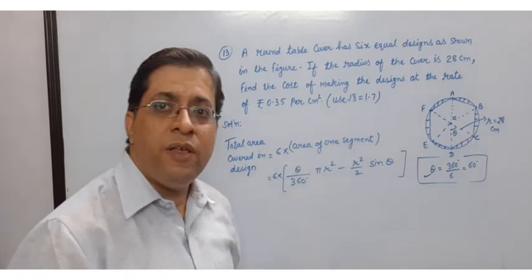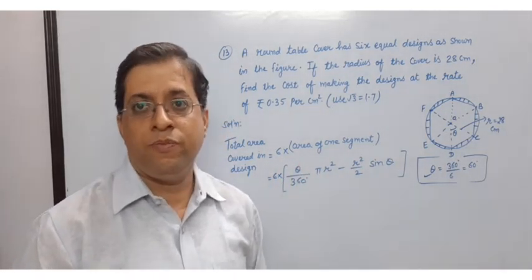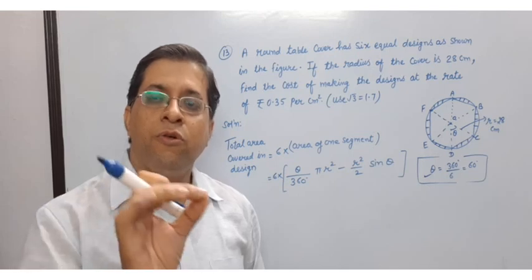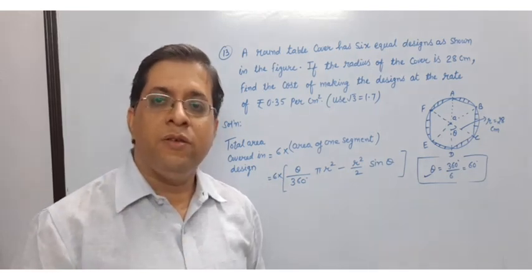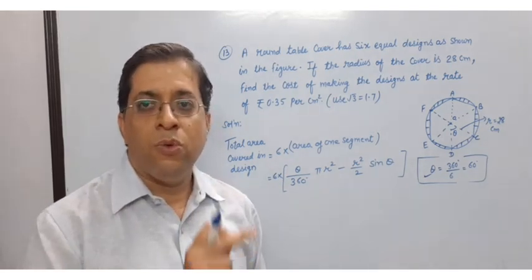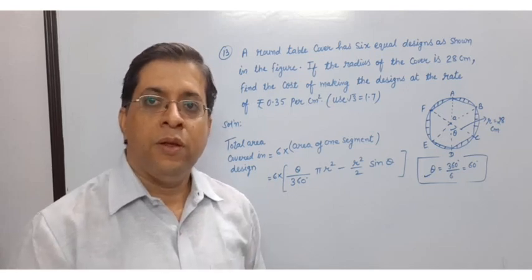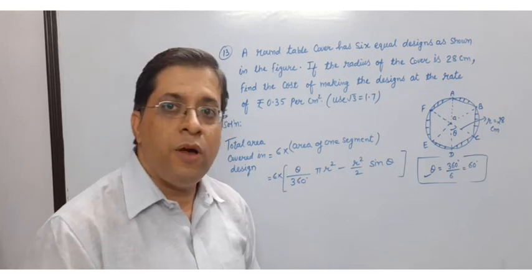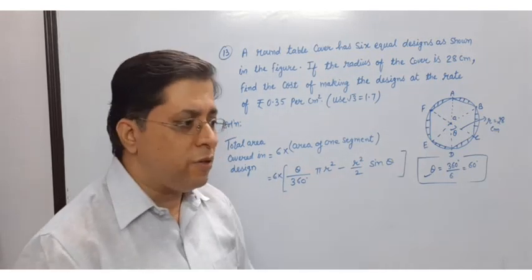6 into, what is the area of segment actually? Theta upon 360 degree into pi r square minus r square upon 2 sin theta. This is the area of segment, directly you can get. Okay, directly you put the values and get the answer.